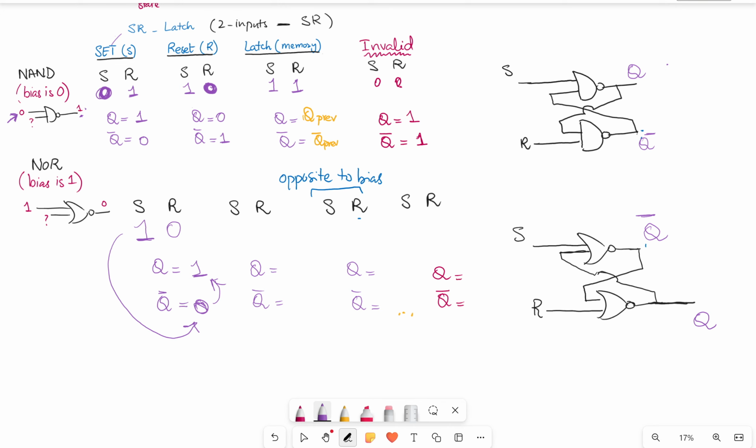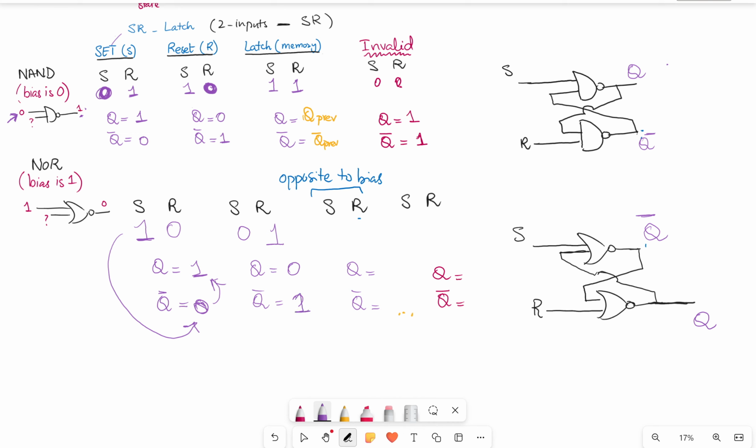Okay? Now for the reset state, this means that R will be 1 and S will be 0. Okay? So if your R is 1, this means that the Q bar immediately, if R is 1, so this means that Q will immediately become 0, reset, and the Q bar will become 1.